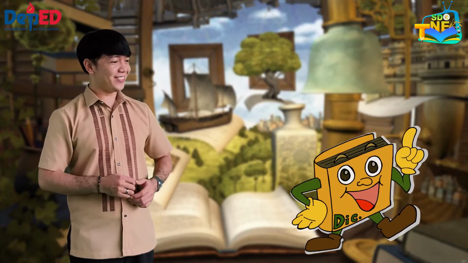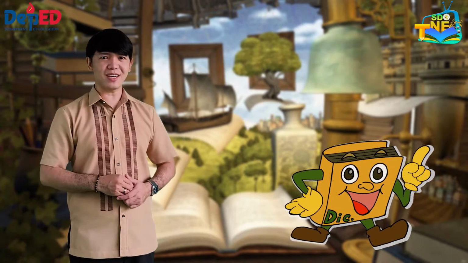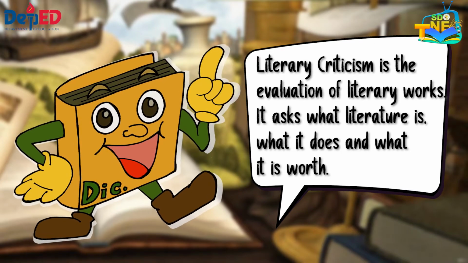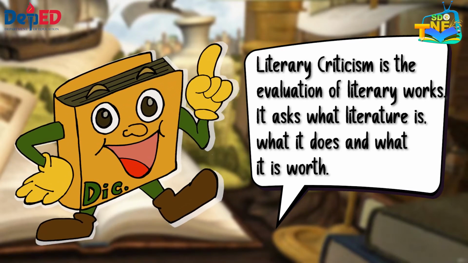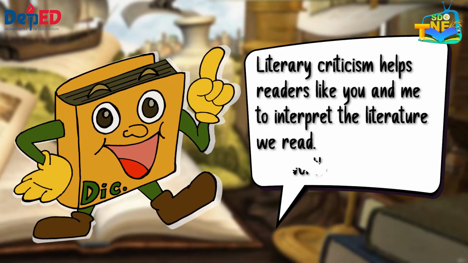Mr. Dictionary, our learners here want to know what literary criticism is. Literary criticism is the evaluation of literary works. It asks what literature is, what it does, and what it's worth.